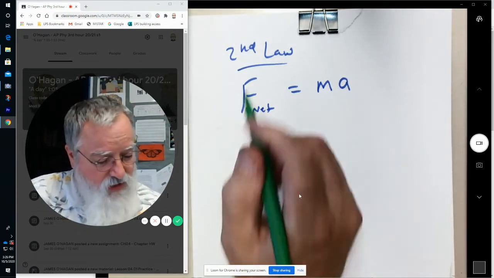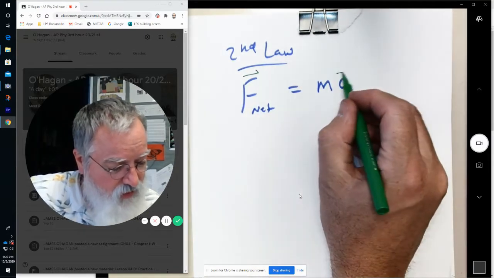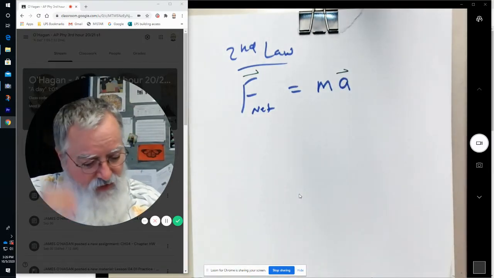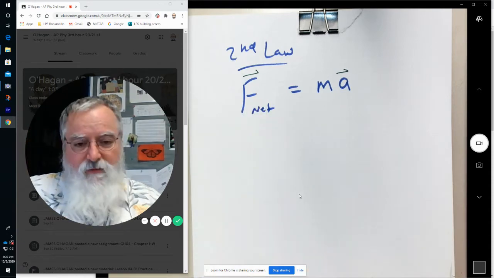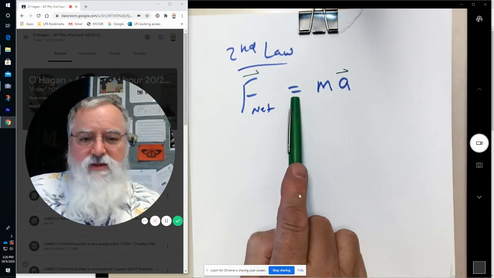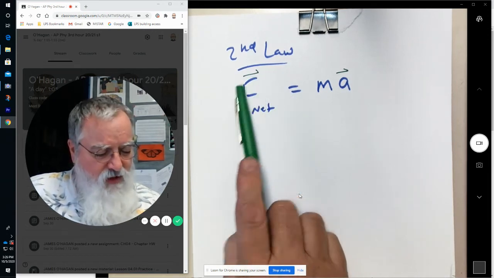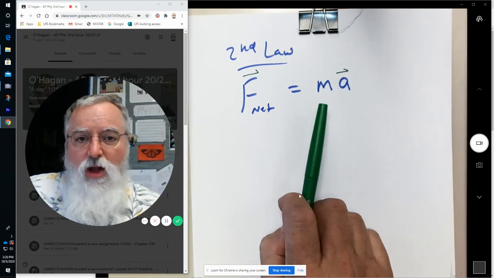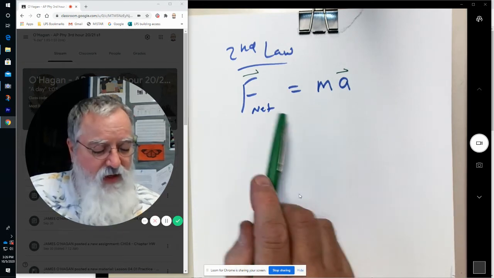This equation is a vector equation. There is direction with forces, and there is direction with accelerations. That's an equal sign. Equal sign means the stuff on the left is the same as the stuff on the right. All of it. In math, we concentrate on the numbers.